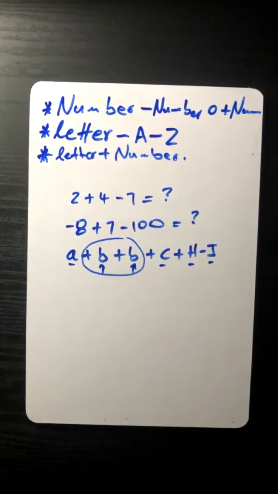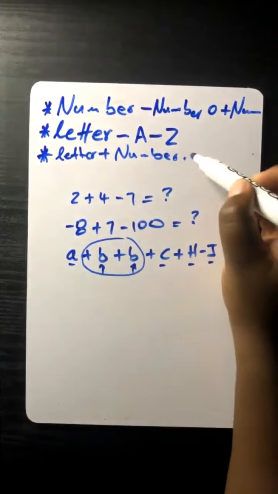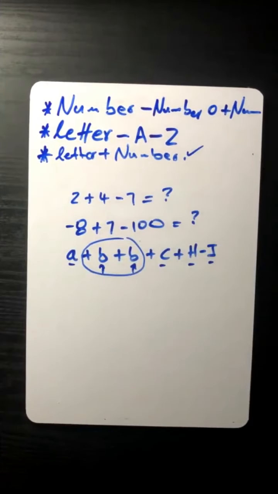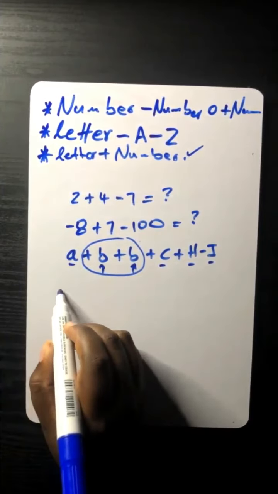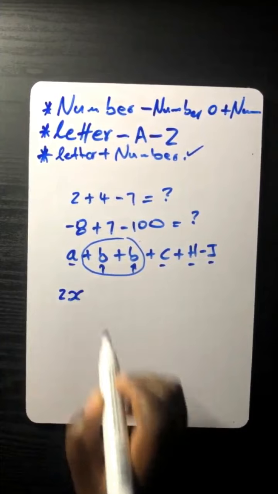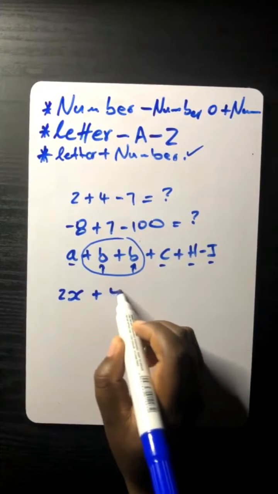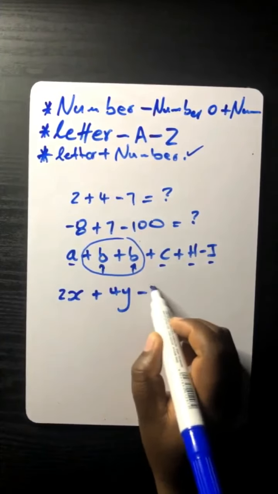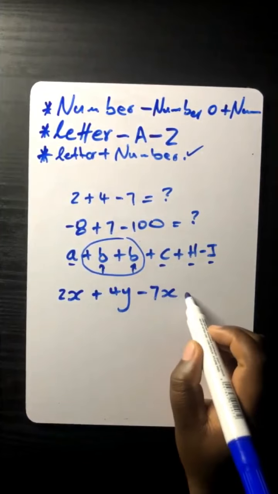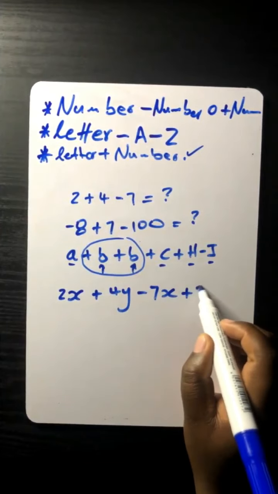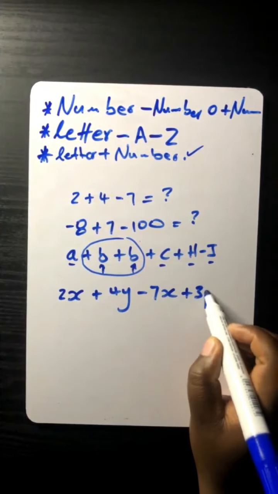Then from there, let's get to where it gets a little bit complicated. It is this part that I'm going to explain, where there is a combination of letters and numbers. So let's say you've got 2x plus 4y minus 7x plus 3p.